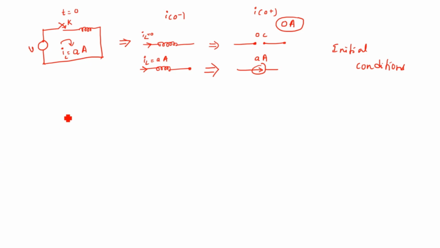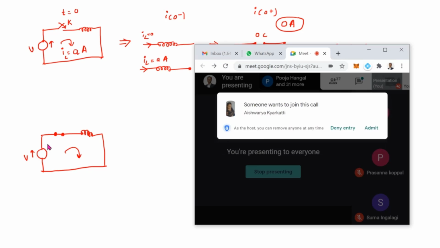Alright. So what are the final conditions? If the switch K is kept on for a long period, the inductor energizes, meaning there is a flow of current from the source to the load.